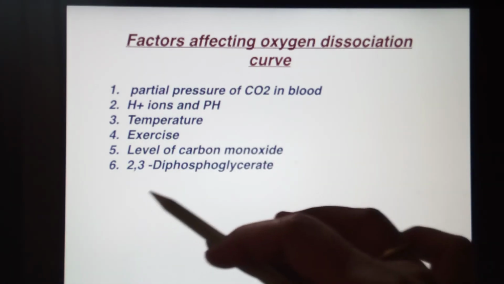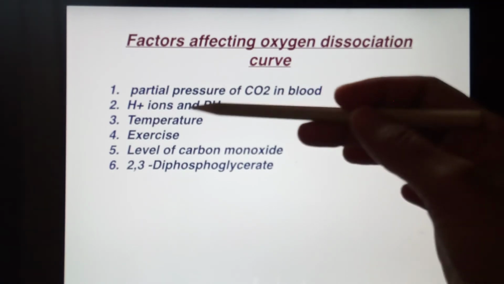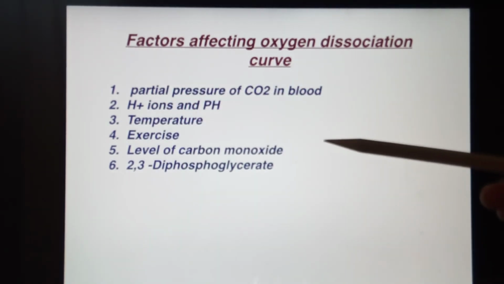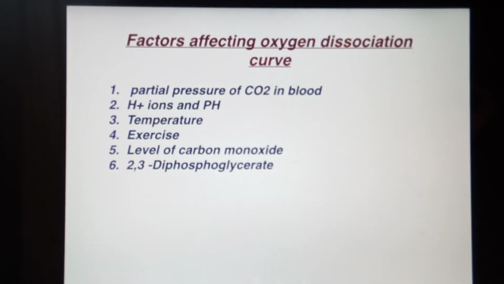And the last one is 2,3 diphosphoglycerate. When the amount of 2,3 diphosphoglycerate increases, the oxygen dissociation curve shifts to the right. So basically there are three factors, carbon dioxide, H plus ion, and temperature, and these three factors directly affect the oxygen dissociation curve.